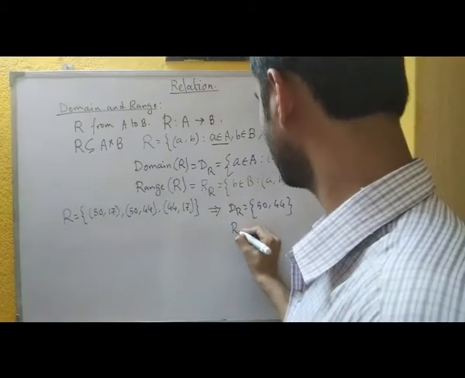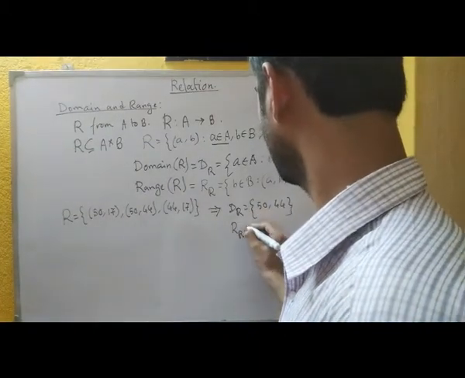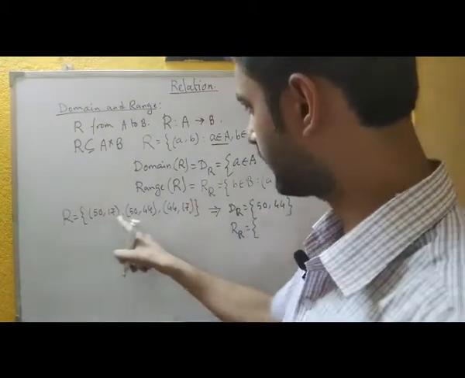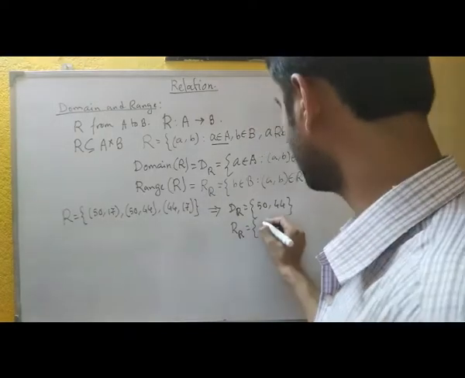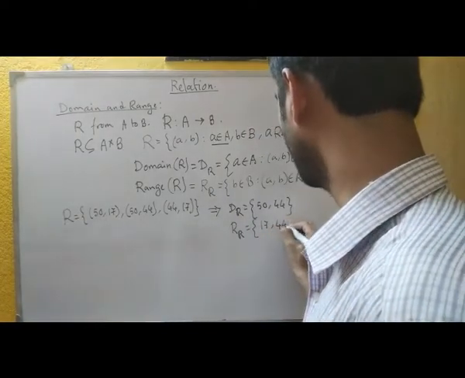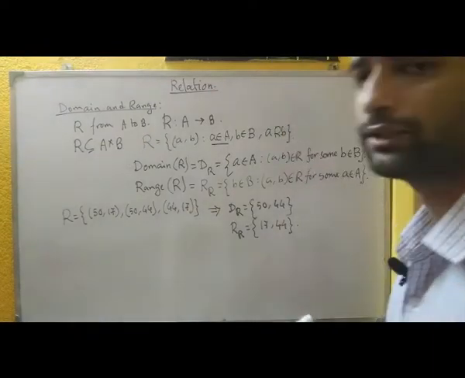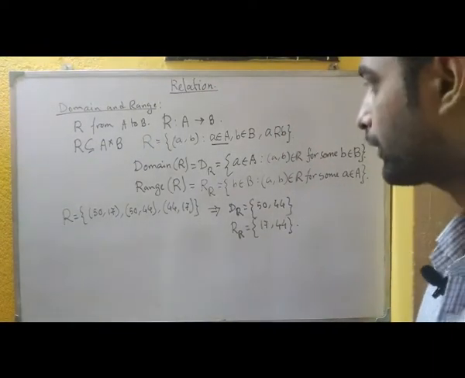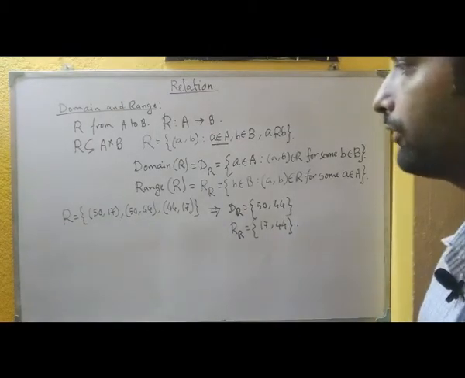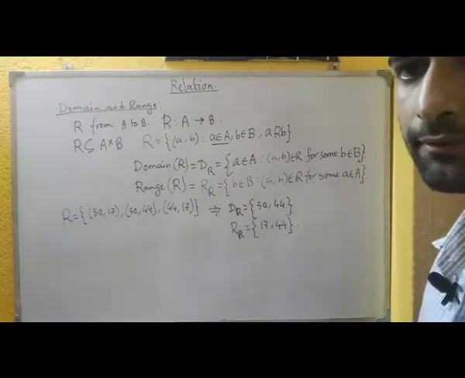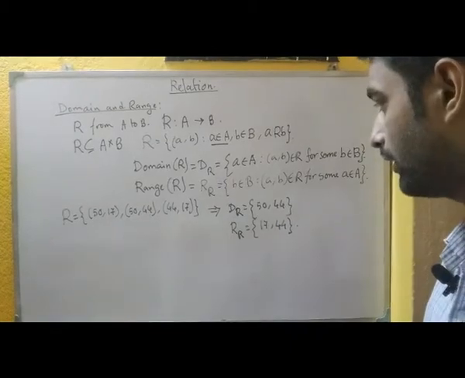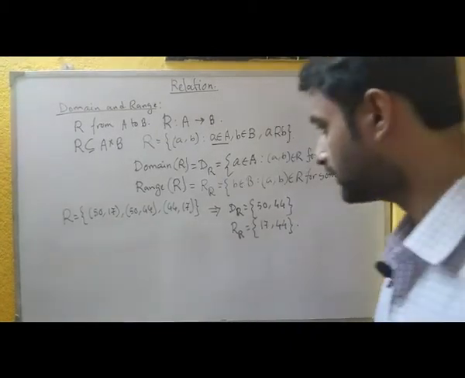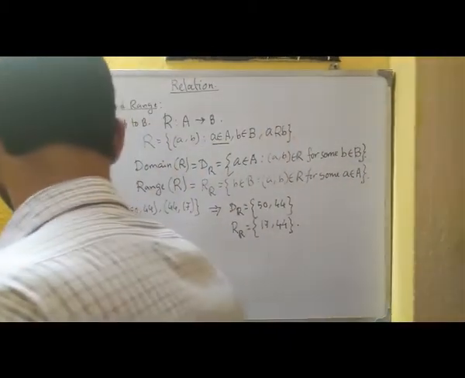And what is the range of this relation? We write the range as a collection of all the second elements. These are 17 and 44. So these are the domain and range. In this way, we find the domain and range for a relation. Next comes the inverse relation.